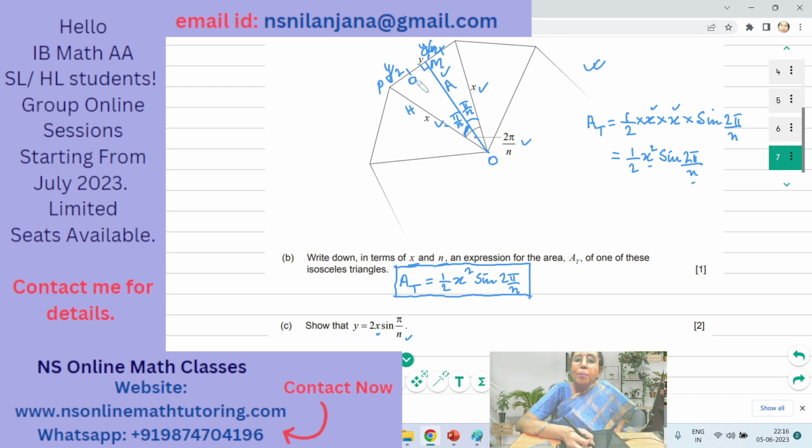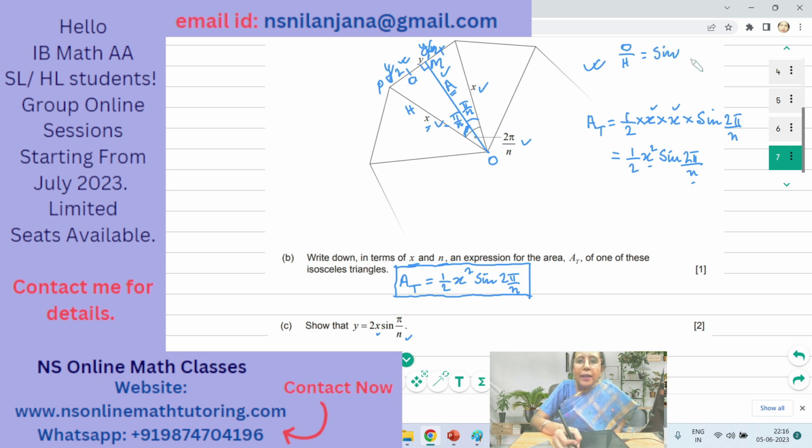So, opposite over hypotenuse, if we take, because opposite is y by 2 and hypotenuse is x. We do not know anything about the adjacent, so we will not be taking the adjacent side. We will be taking the opposite and the hypotenuse. So what is opposite over hypotenuse? It will be sine. Sine of which angle?